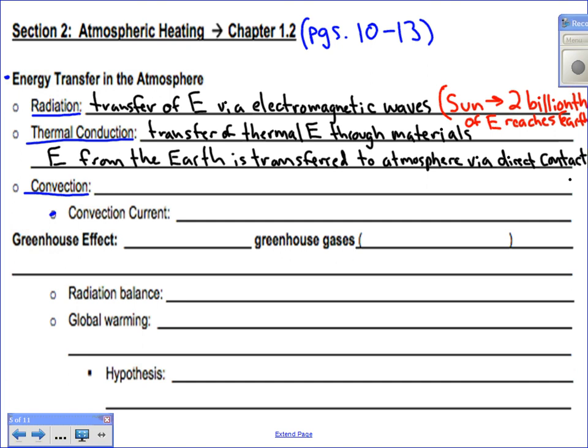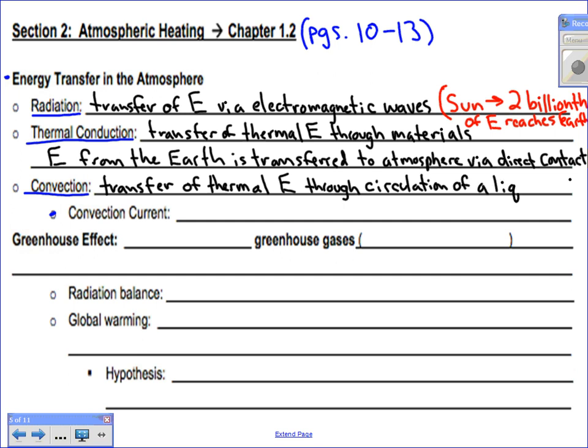Convection is basically another method of energy transfer in which there's a circular motion of a liquid or a gas. So it's the transfer of thermal energy through the circulation of a liquid or gas.